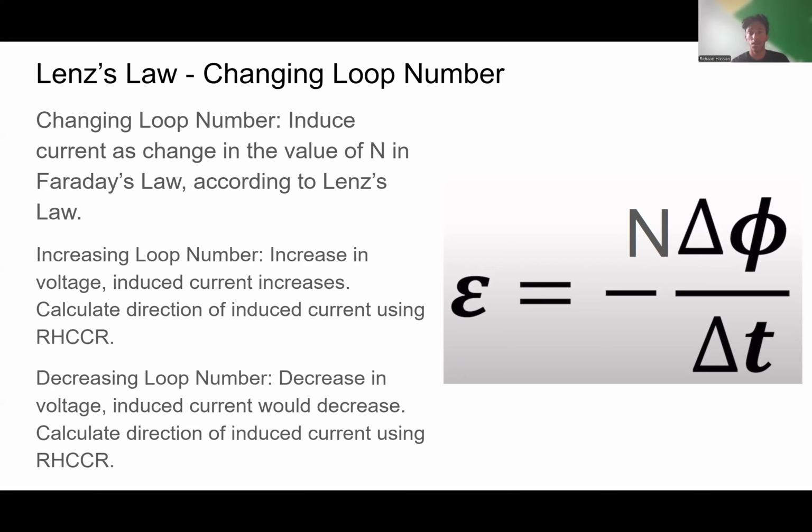So you need to change one of those variables first and then change the value of N. Increasing loop number increases voltage after the initial change of A, B, or theta, and decreasing loop number decreases voltage after changing A, B, or theta.